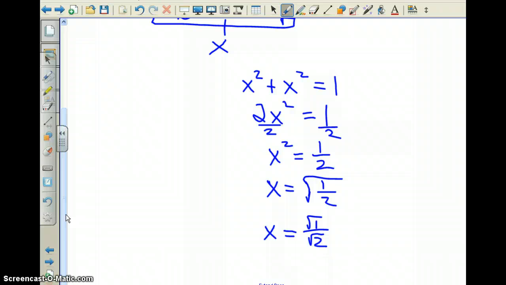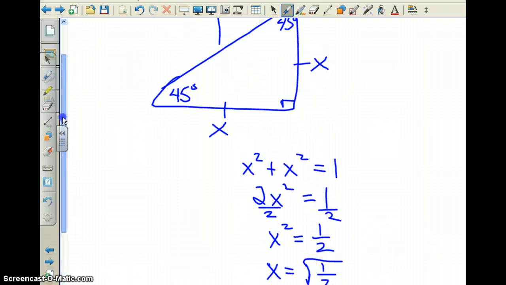We know the square root of 1 is 1 over radical 2. And now to get rid of that radical in the bottom, I'll just multiply top and bottom by radical 2, which will give me radical 2 over 2. And that will be the lengths of these legs in simplest radical form, radical 2 over 2.